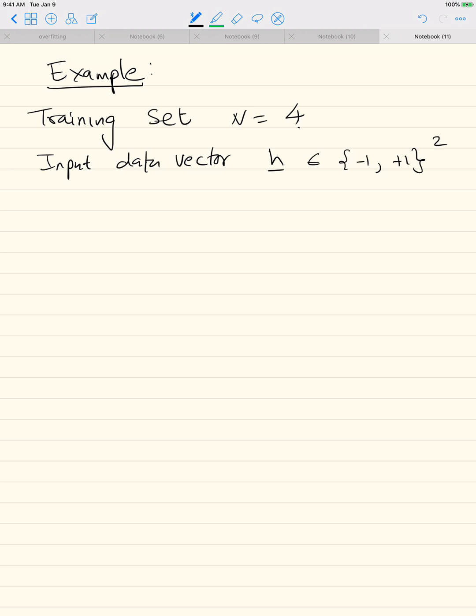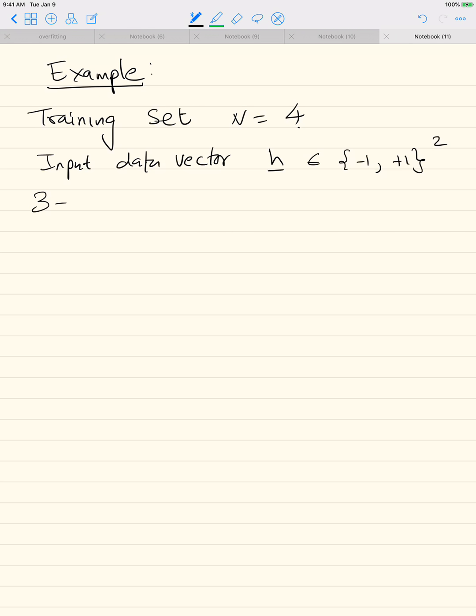So it will be a two-dimensional vector where each entry is -1 or +1. Normally we use the symbol X for the input data vector, but for reasons that will be clear soon, I'm using the symbol H for the input data vector.